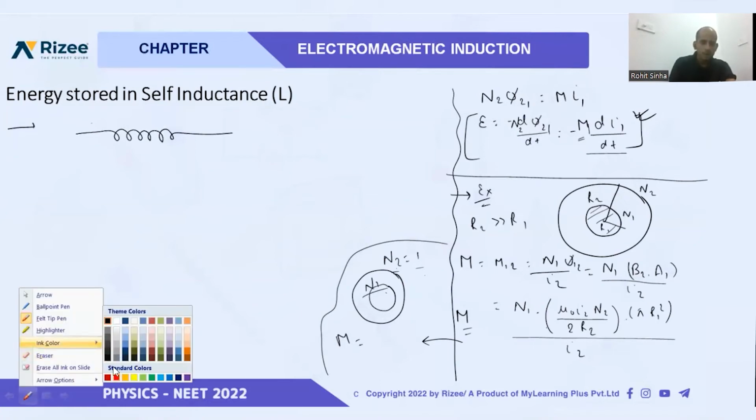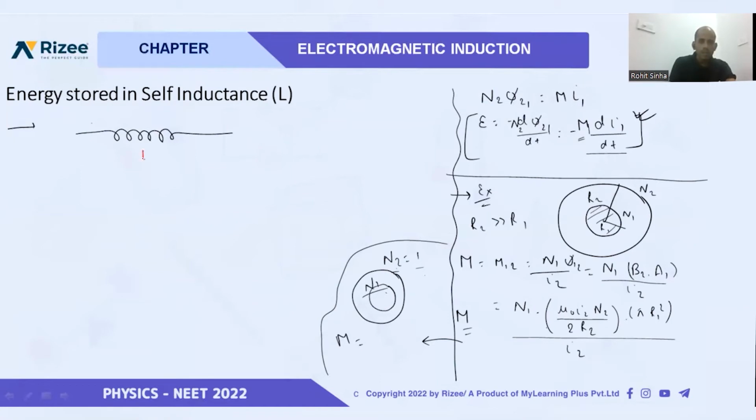Now, suppose the inductor has an EMF E and current is flowing like this. Remember the Kirchhoff's law we have studied. If we are moving in the direction of the current, the voltage drop is minus L di by dt.